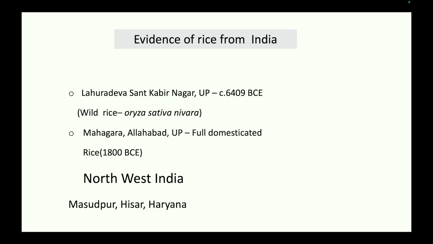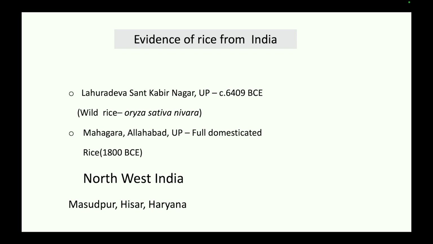Evidence of rice from India. Lahuradewa, Sant Kabir Nagar in Uttar Pradesh, produces the date of rice, which is wild rice. The scientific name of this wild rice is Oryza sativa nivara. The date is approximately 6409 BCE.